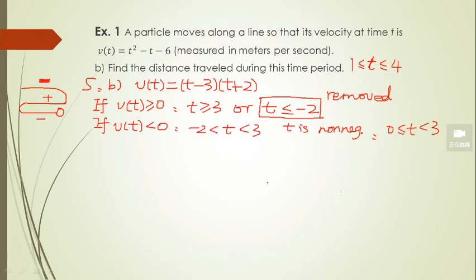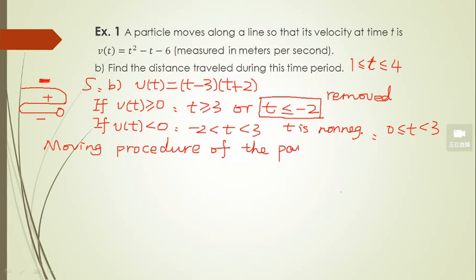Okay, let's analyze the moving procedure. We need to understand the procedure, then we are able to answer the questions.